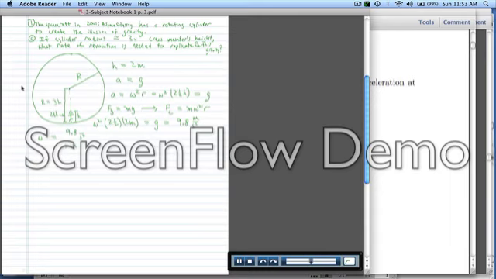Then to get omega, we'll take the square root on both sides. And 9.8 is pretty close to 10, so basically omega is going to be pretty close to the square root of 2. So this is about 1.4 radians per second.